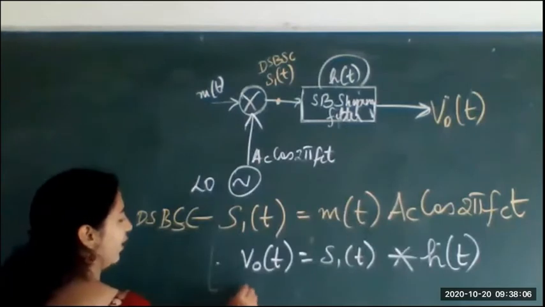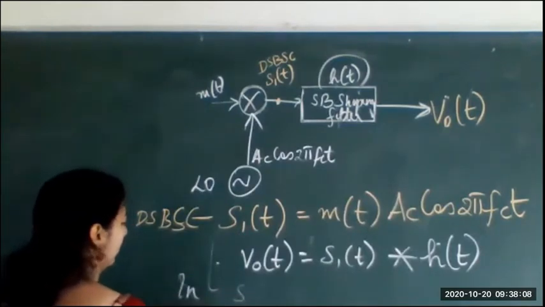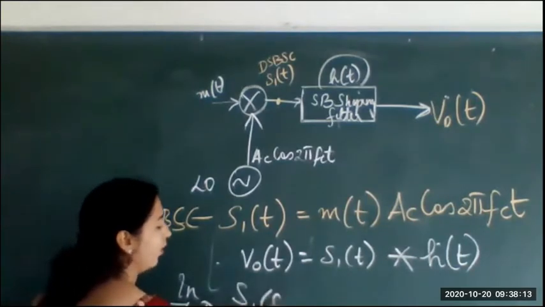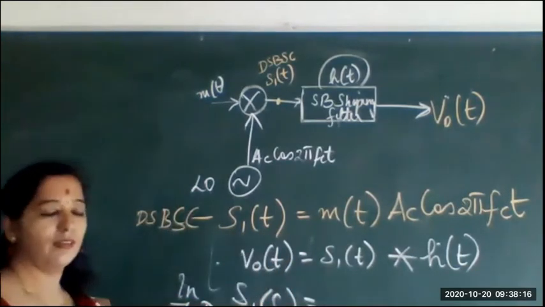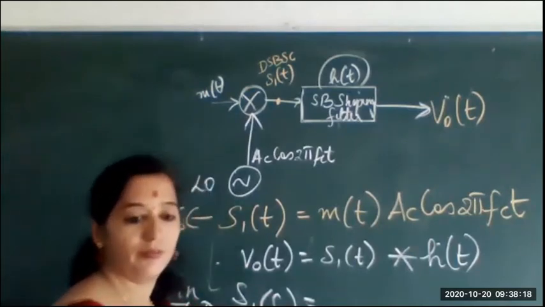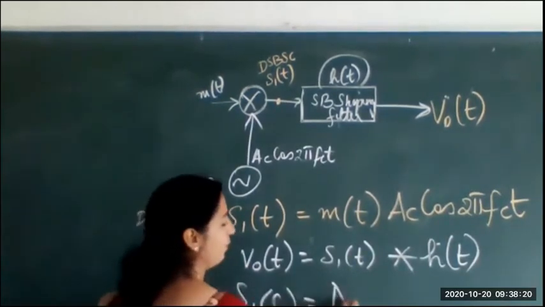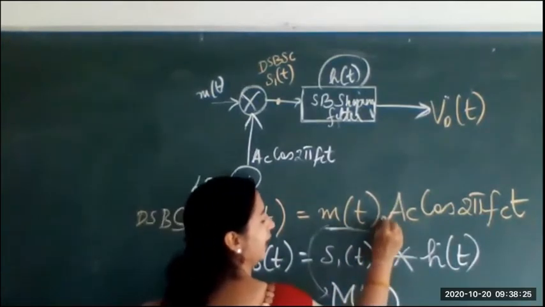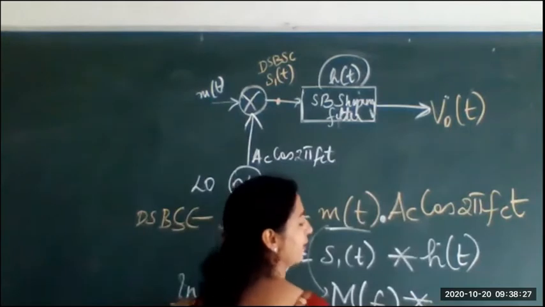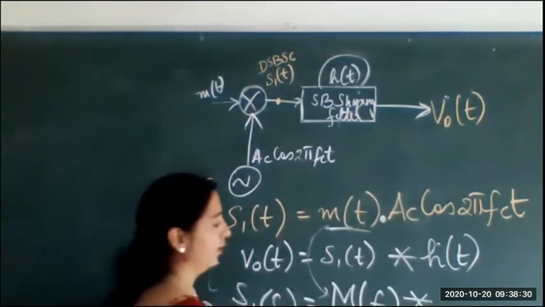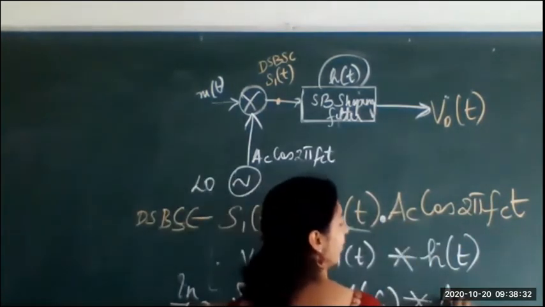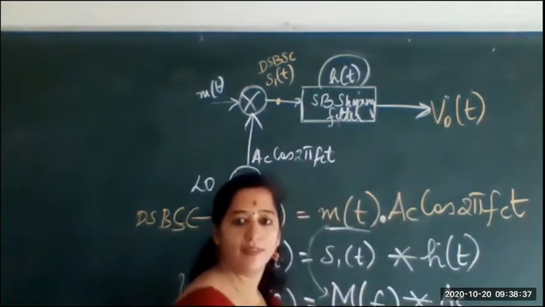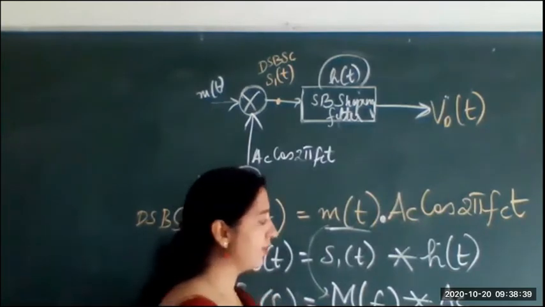So what is S1 of f? In frequency domain, M of t becomes M of f, and the product becomes convolution. What else? Ac cos 2 pi fct, what is the frequency domain response?